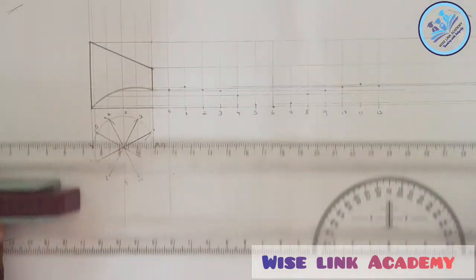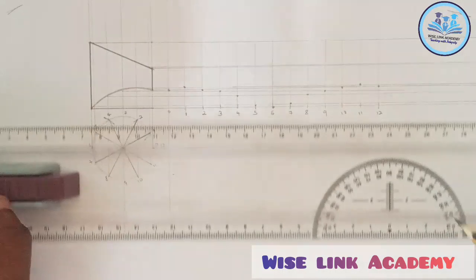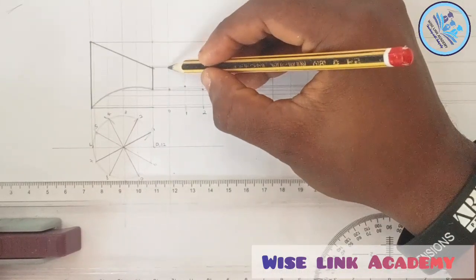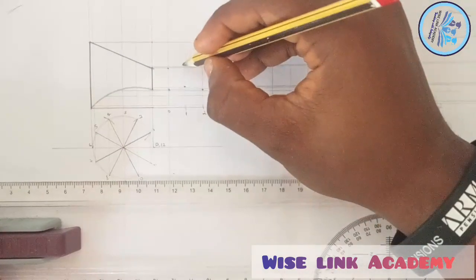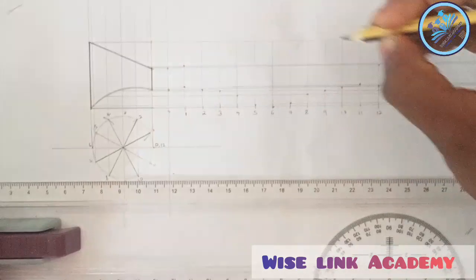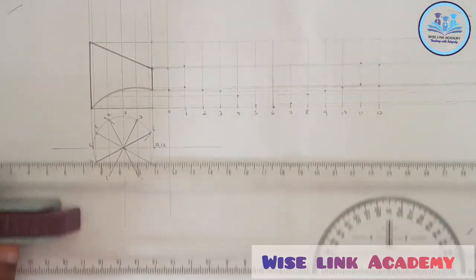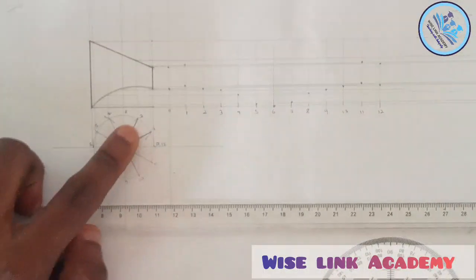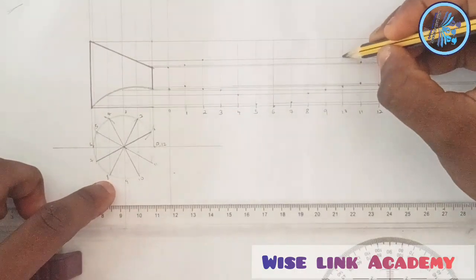So similarly, I'll take them upward too. This is my point 1 and 11. Automatically, here is 0 here, and here is 12. So the line I drew now is 1 and 11. Next one is 2 and 10. Coming up here, 2 and 10.